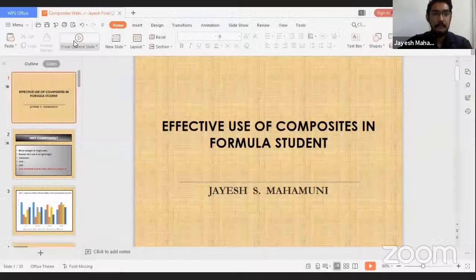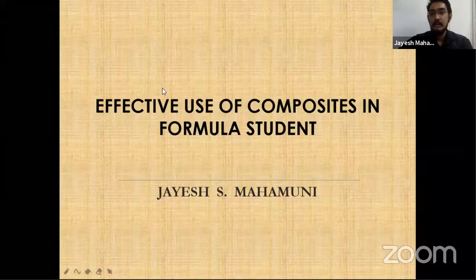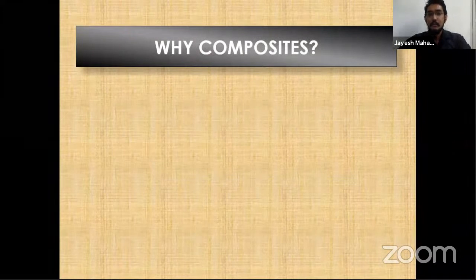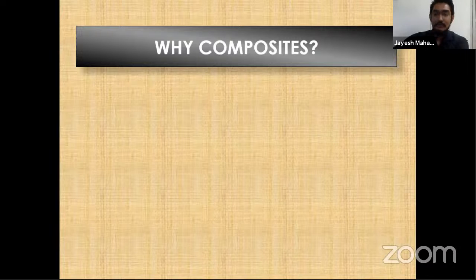Let me share my screen. The topic today is the effective use of composites in Formula Student. So let us begin with this: why composites? There are a lot of materials available, but why use composites, especially in Formula Student? There are a few basic things that everyone will say.